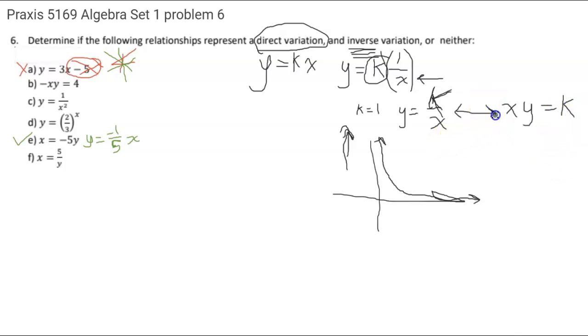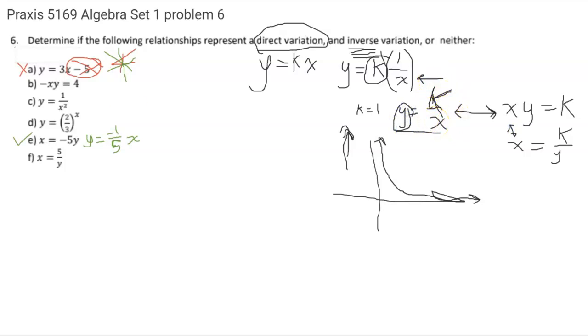So anything that looks like y equals constant over x or xy equals k, and of course, you could divide by y and get x equals k over y, anything that looks like any of those is going to be an inverse relationship. The basic one we can always aim for is, if you want to solve for y, you better have k over x.